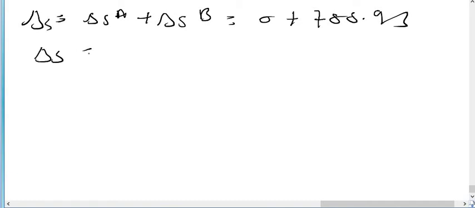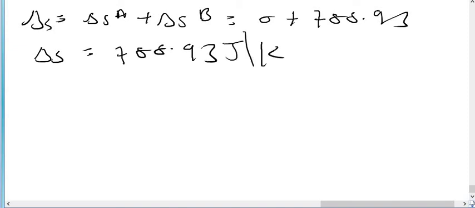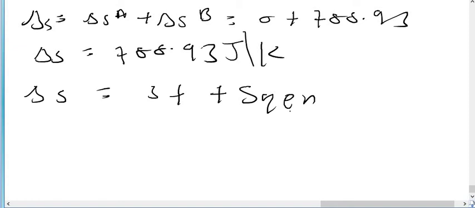So the total change in entropy will be equal to 0.93 joule per Kelvin. So what is S gen? S is equal to the S transfer plus the S generated. So the S gen is equal to the entropy change minus the S transfer.